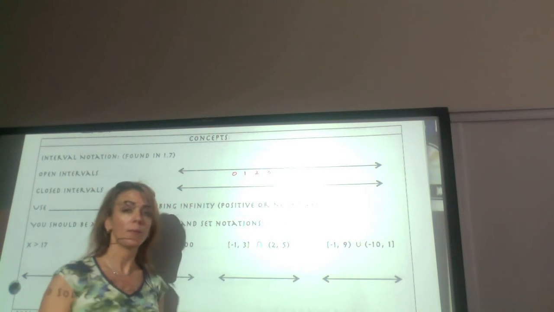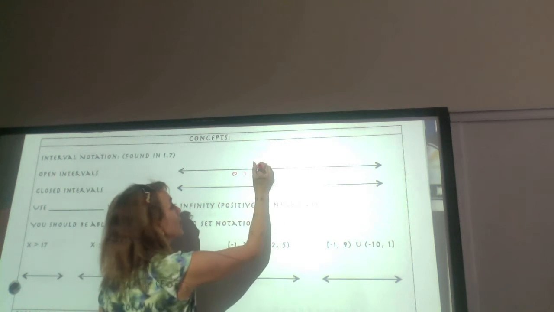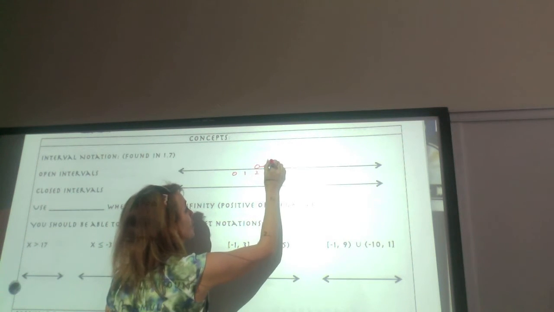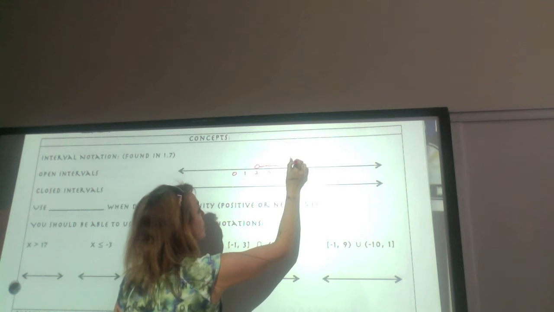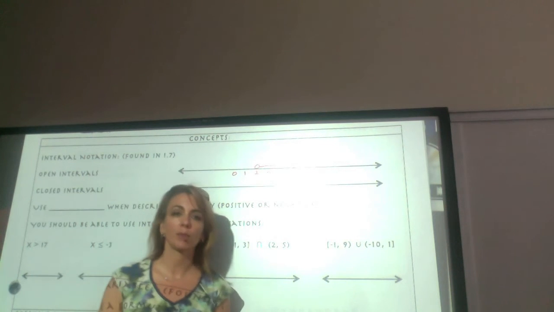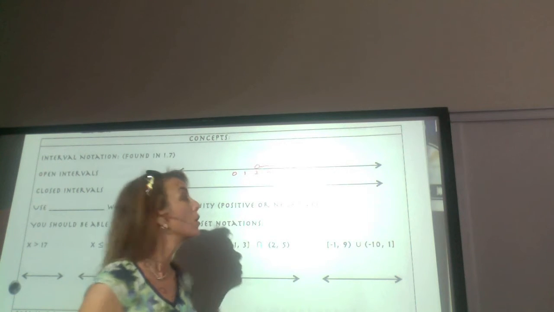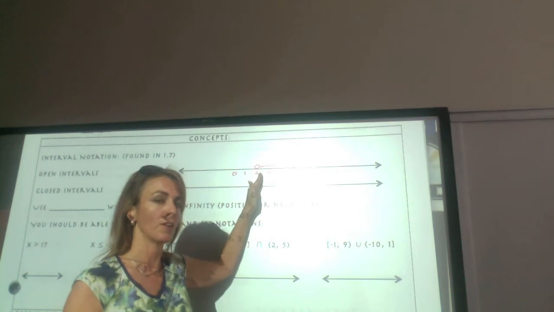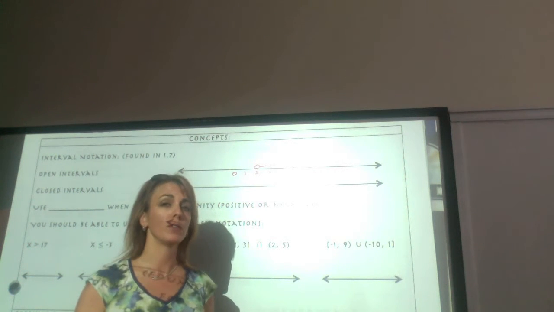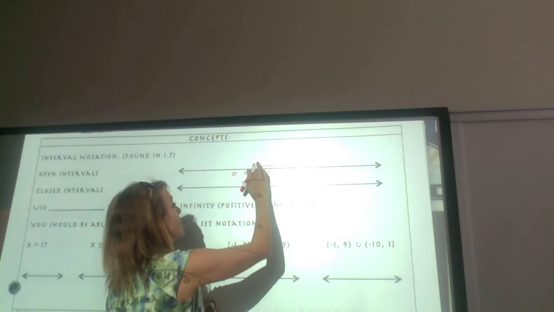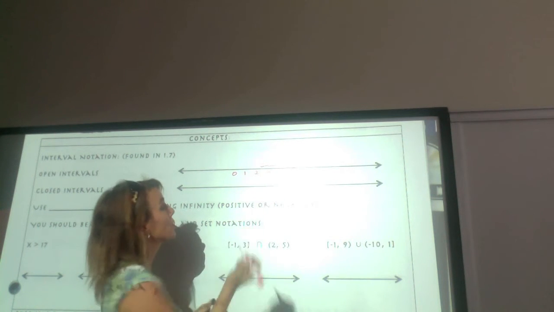Do you remember back in the day, you would put a circle over the 2 and shade everything to the right of 2, and then you'd arrow it out. Okay, so this is what's referred to as an open interval, something that has everything bigger than 2 but not 2 itself.